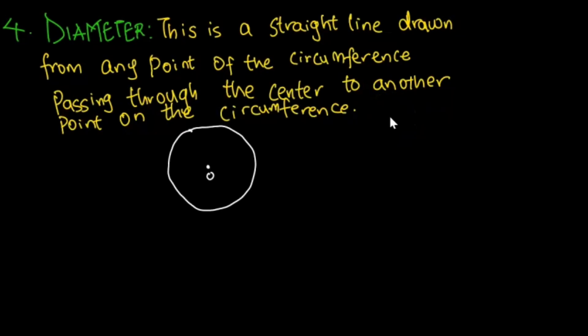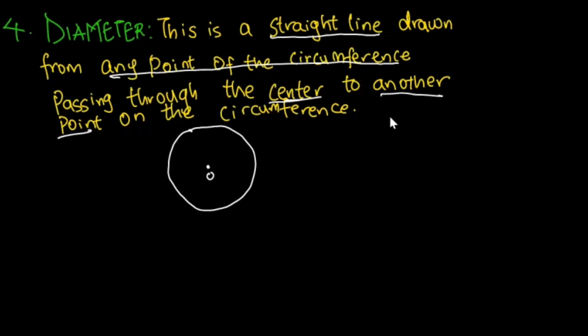The fourth concept or property of a circle is the diameter of a circle. So what is a diameter? A diameter is a straight line. Note, it is not a curve. It's a straight line that is drawn from any point of the circumference, and it passes through the center to another point.